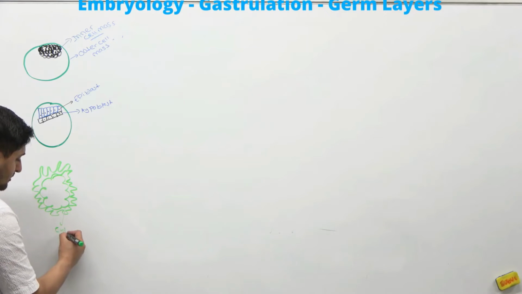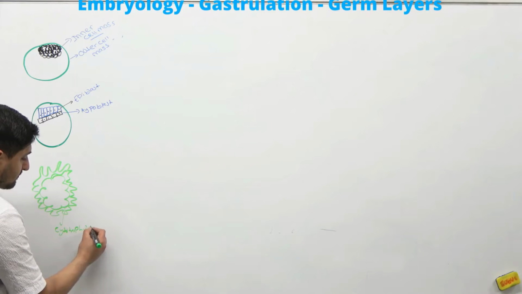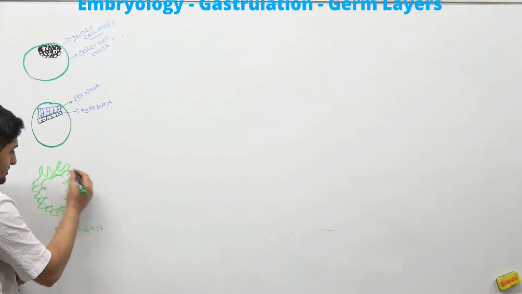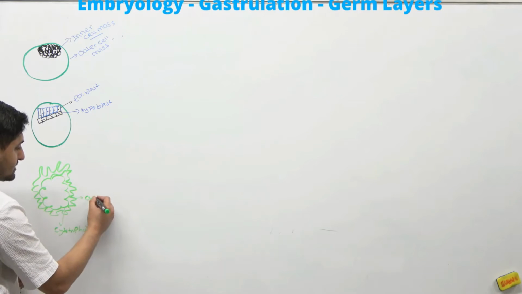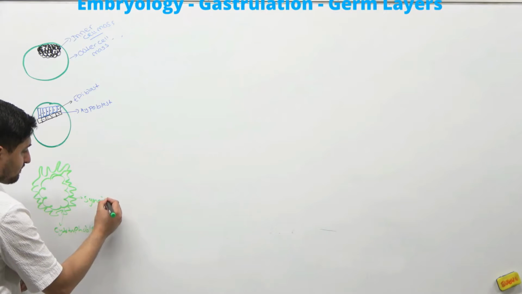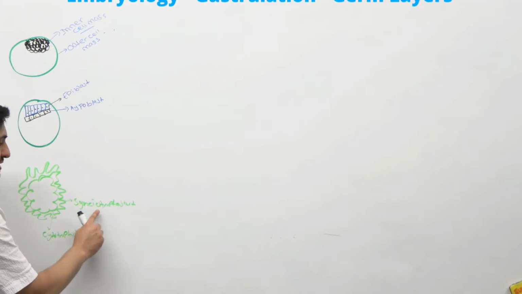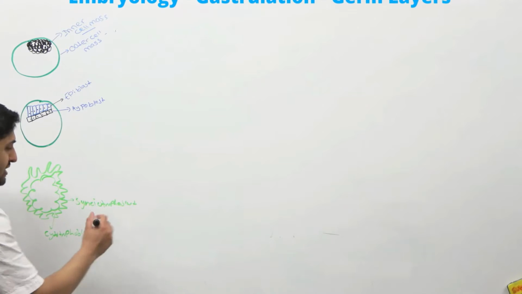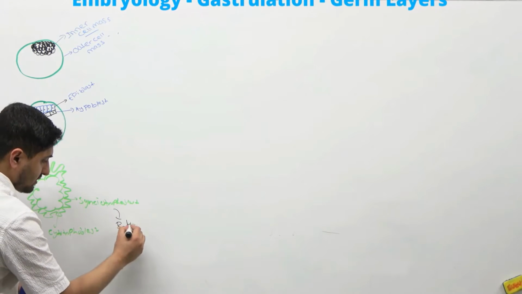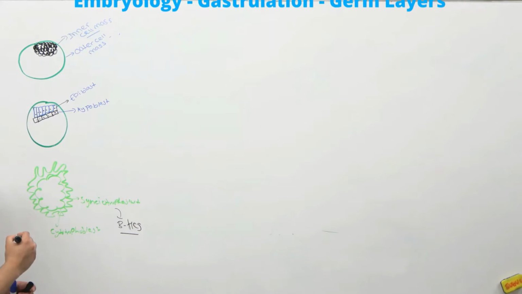And then this outer layer, which are multinucleated cells, we can call the syncytiotrophoblast, all right? The syncytiotrophoblast is very important for giving rise to beta human chorionic gonadotropin.